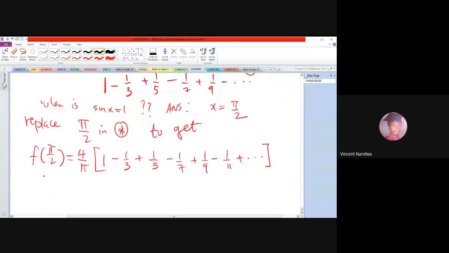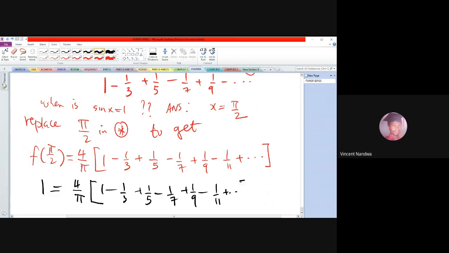So that is what we replace into the formula that we have. So 1 equals 4 over pi into 1 minus a third plus 1 over 5 minus 1 over 7 plus 1 over 9 minus 1 over 11 plus other terms.